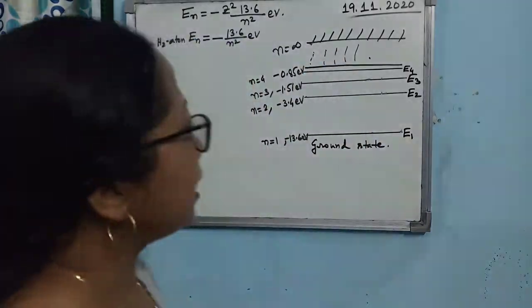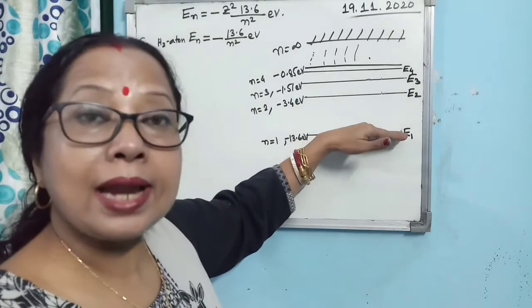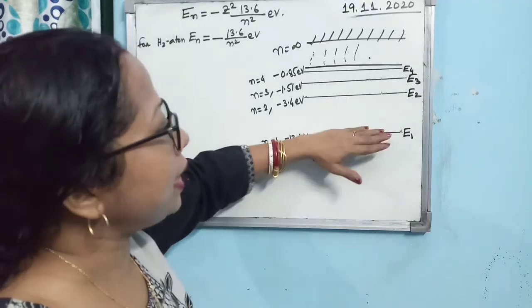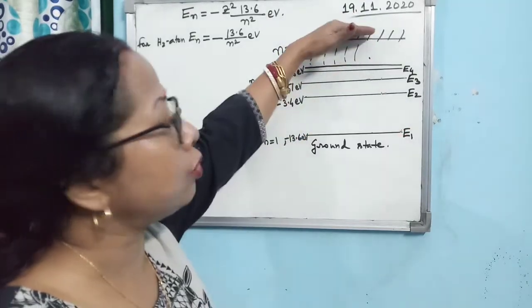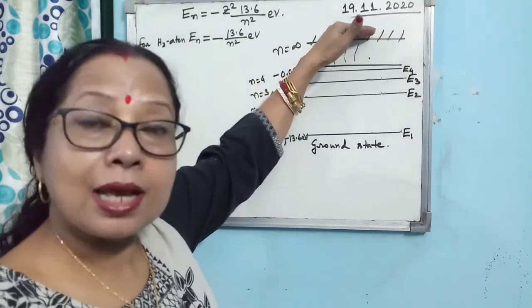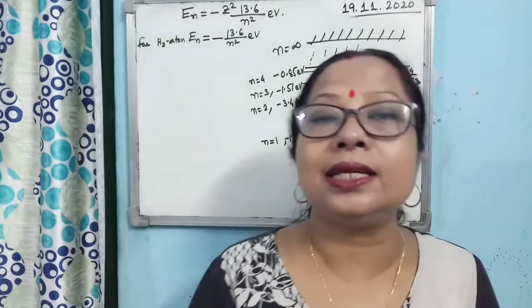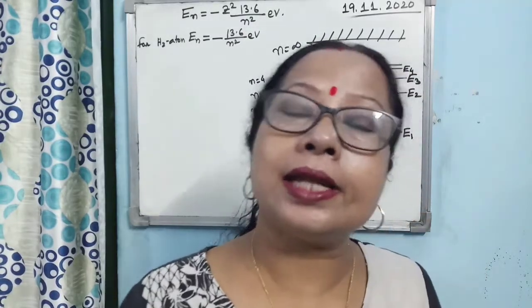So in this case, how much energy do you have to give to an electron to ionize the atom? It will be E1 to infinity, isn't it? From the ground state you have to take it to infinity. Is that clear? So how do we generally get the energy? We get the energy by passing the electron through an accelerating potential.